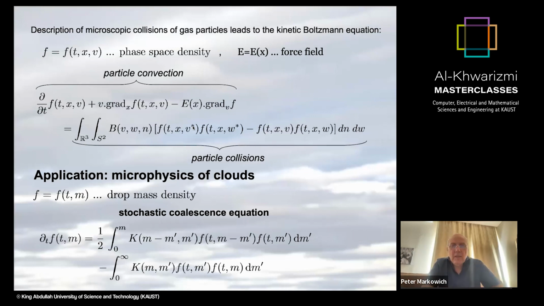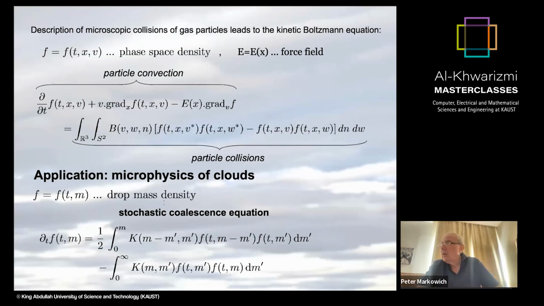Now here, as I said, I'm interested in clouds. There is a certain modification of the Boltzmann equation which allows you to model clouds, and that is, you pass from the Boltzmann equation to the so-called stochastic coalescence equation, which is an equation for the density of mass droplets in the gas.